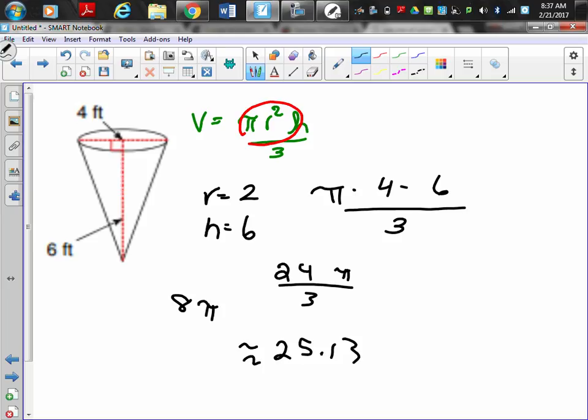It's feet what? 3. What does that mean? So feet to the third power, which is feet cubed. Now, we know it's cubed because we're working with 3-dimensional shapes. 3-dimensional shapes is cubed, 2-dimensional shapes is squared.